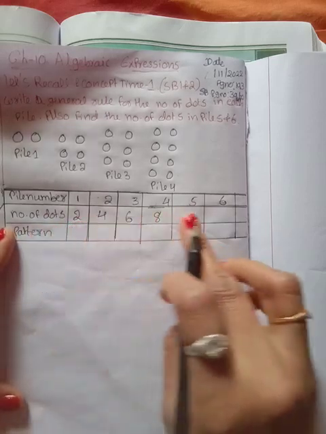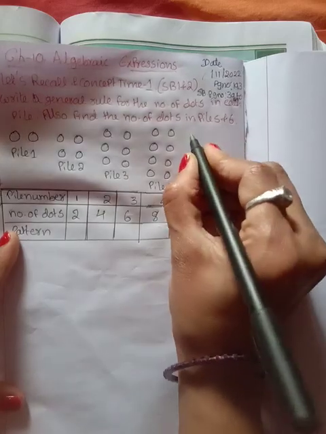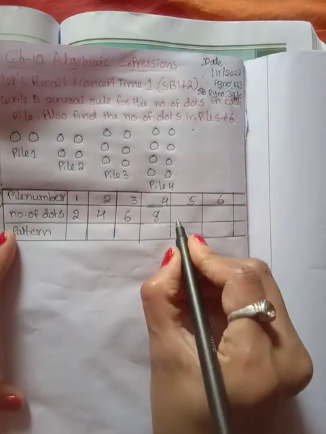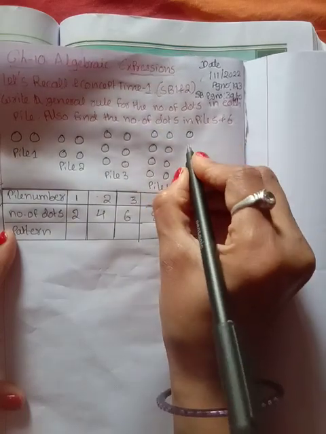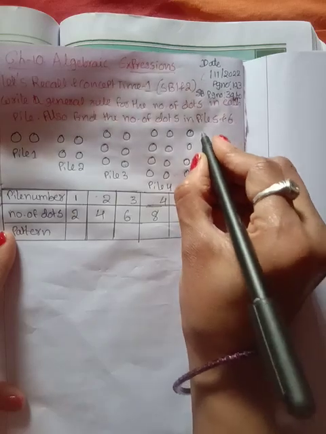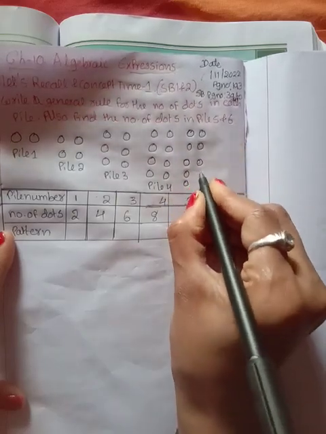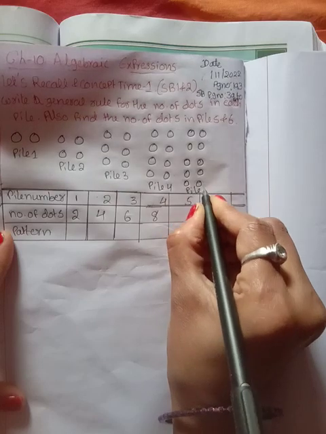Next, the number of dots in file 5. It is 2 more than 8, so draw 2 more dots. This is file 5.